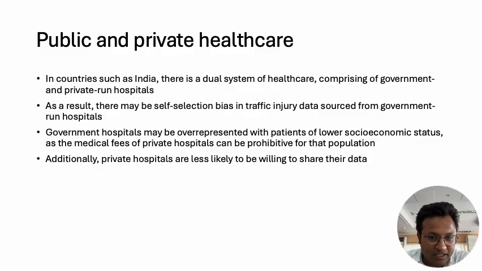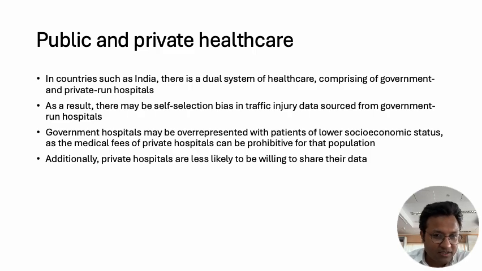Now, private hospitals are the ones where you have to pay a lot of money for your treatment. Public hospitals, you don't have to pay anything. So again, just like we discussed in case of underreporting by police, you have to keep in mind your understanding of how that differential underreporting happens.